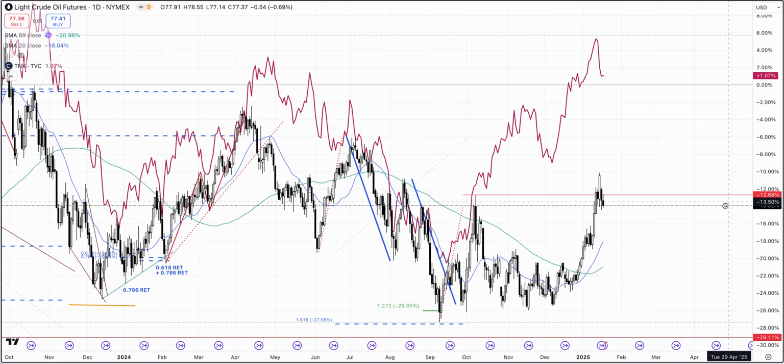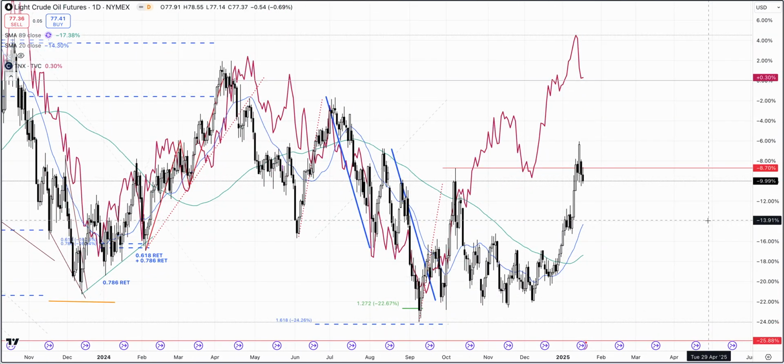There we go. So you can see this purple line is basically the 10-year yields, and then this is of course the crude oil. We can see there's a pretty nice correlation between them.